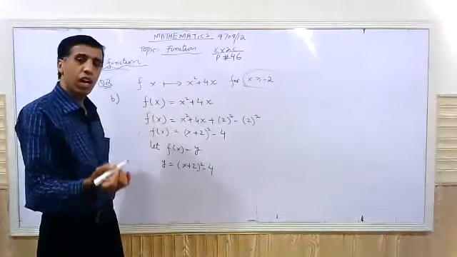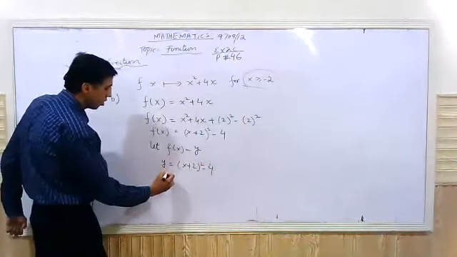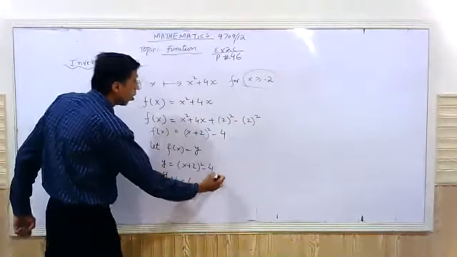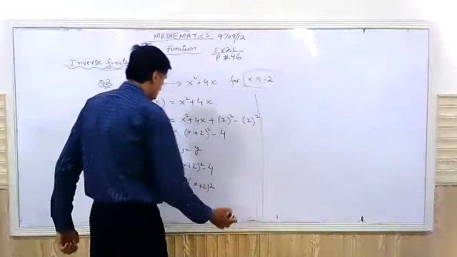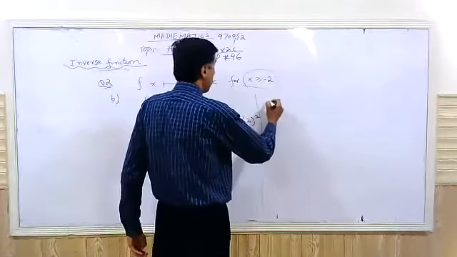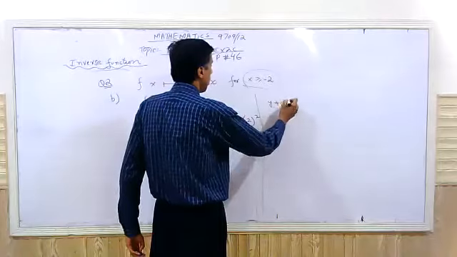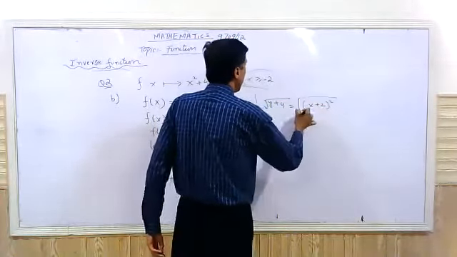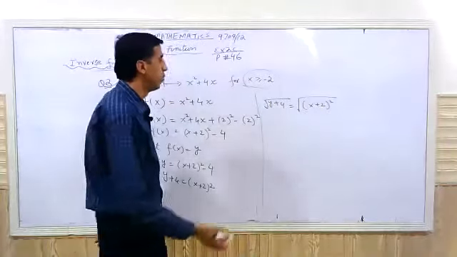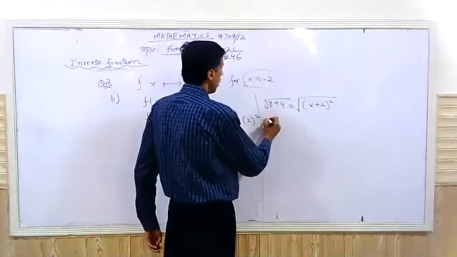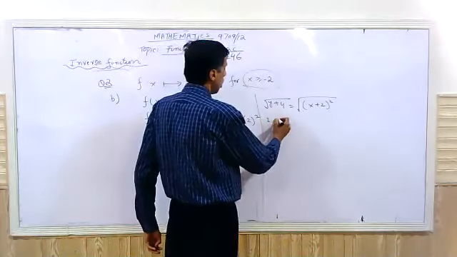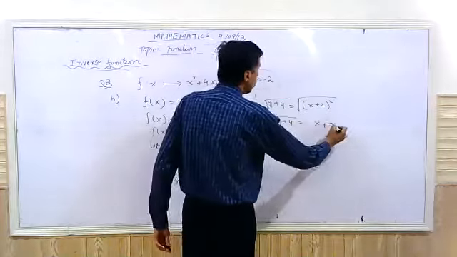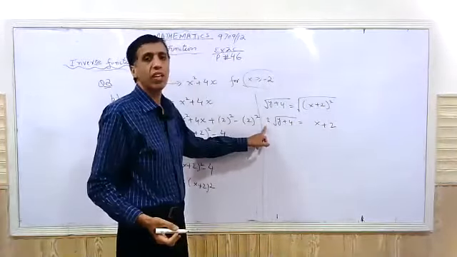Now the next step, we have to make x the subject. Remove the square by taking the square root of both sides. In this step, you have to show both signs.